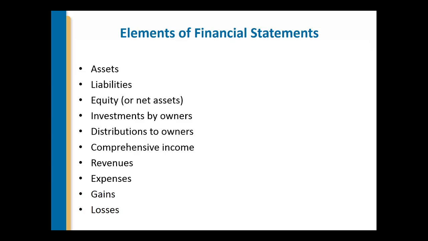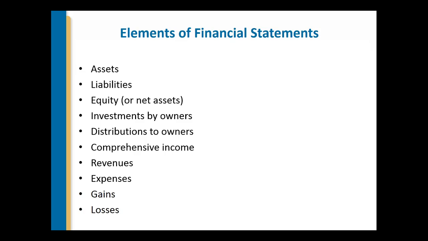Revenues are inflows or other enhancements of assets of an entity or settlements of its liabilities during a period from delivering or producing goods, rendering services, or other activities that constitute the entity's ongoing major or central operations.